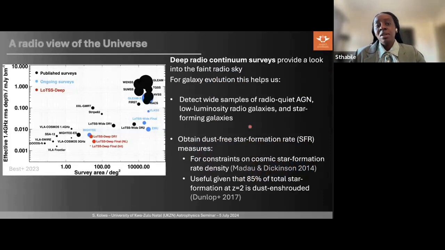And when you are deep in your radio continuum, you're able to detect not just regular AGN that are loud in the radio, but also radio-quiet AGN, as well as the low luminosity radio galaxies that previous surveys, such as those carried out with the VLA, NVSS and FIRST, were not able to see simply because their flux limits were not deep enough. And then the star-forming galaxy population. So radio continuum surveys are essential for studies of galaxy evolution in general.